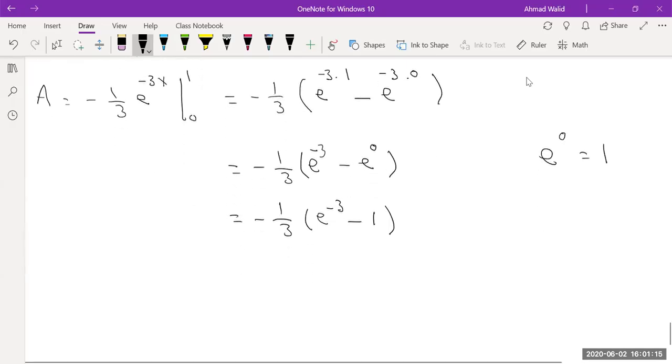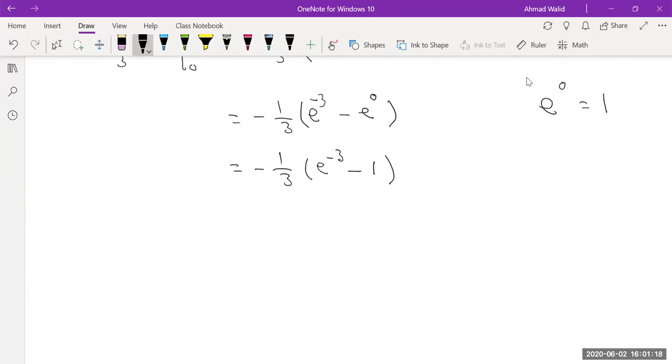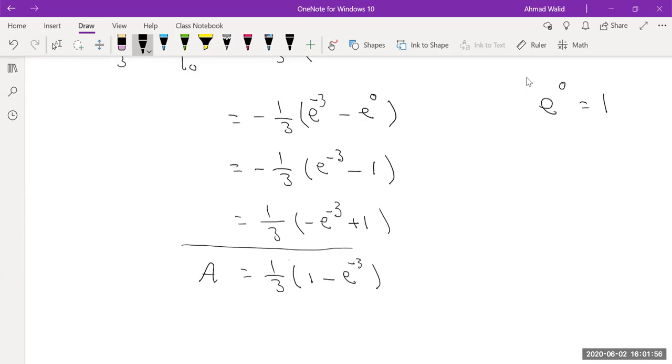From algebra. Distribute the negative to the inside. It gives you 1/3 of negative e to the negative 3 plus 1, right? Or you can write it in a nice way: it equals 1/3 of 1 minus e to the power of negative 3. That is the area under the curve of e to the power of negative 3x from 0 to 1, correct?